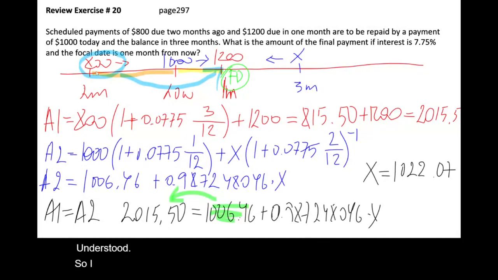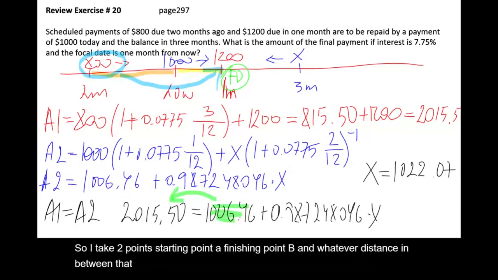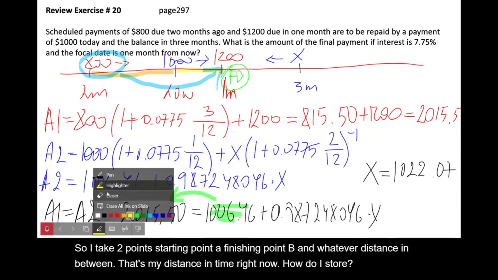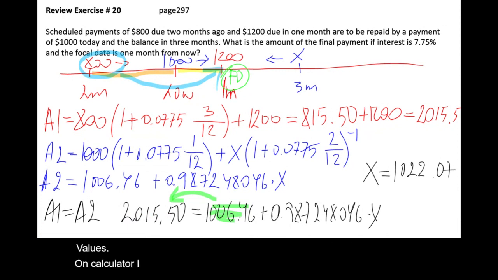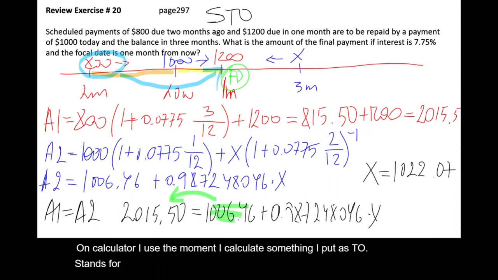So I take 2 points, starting point A and finishing point B, and whatever distance is in between, that's my distance in time. Now, how do I store values? On the calculator, the moment I calculate something, I press STO, which stands for store, and then I have numbers from 0 to 9.